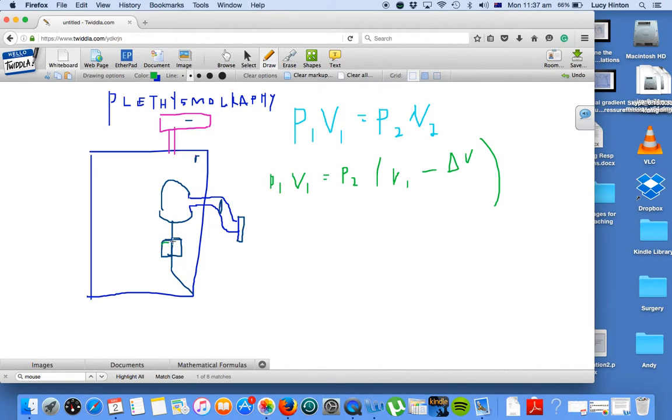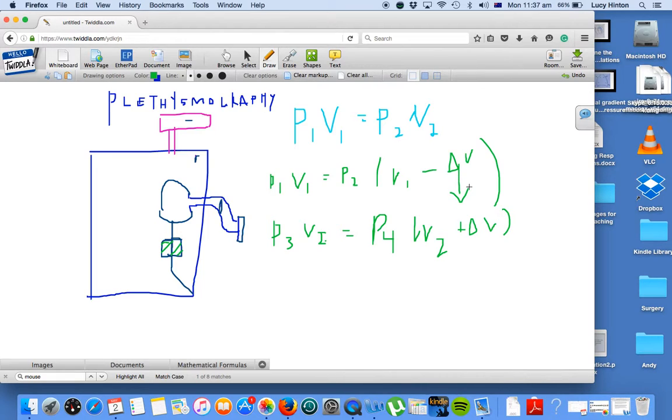Next, Boyle's law can be applied to the gas in the lungs. So this calculation is P3 times V2 equals P4 times V2 plus the change in volume, which you've worked out from the last equation.